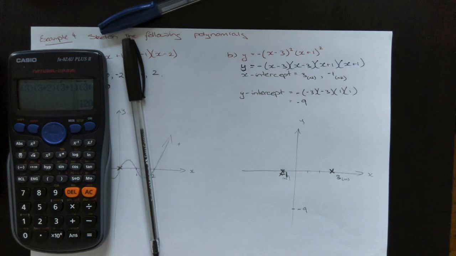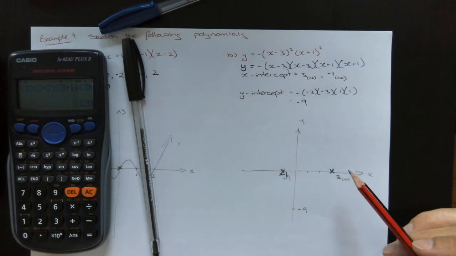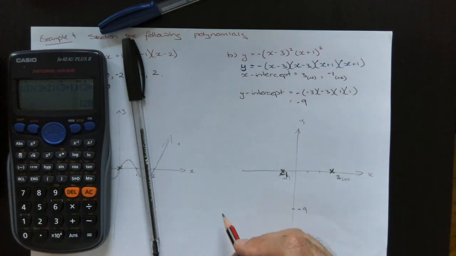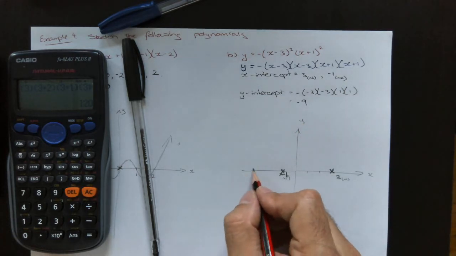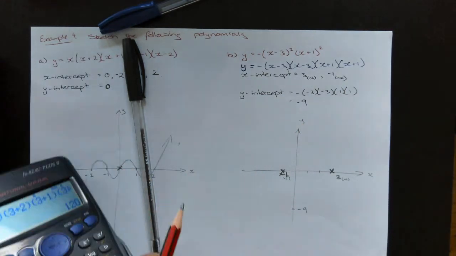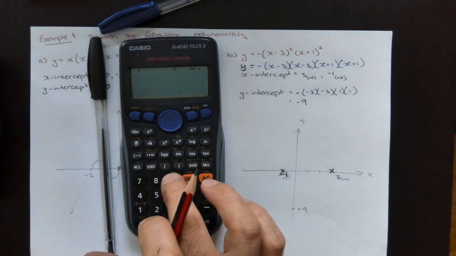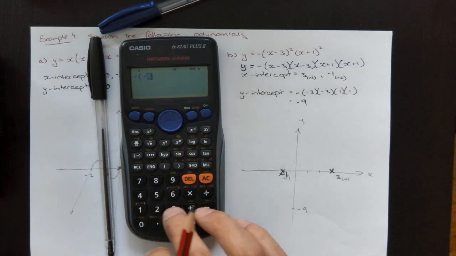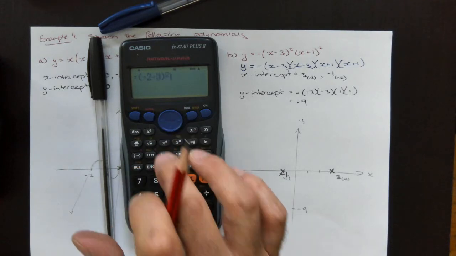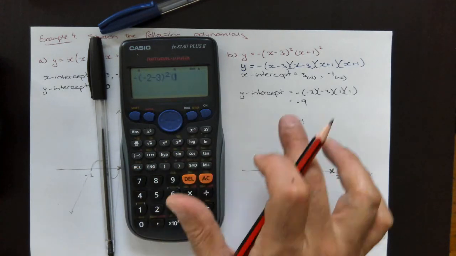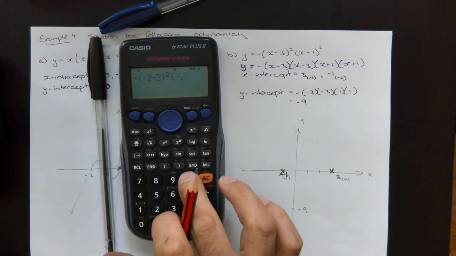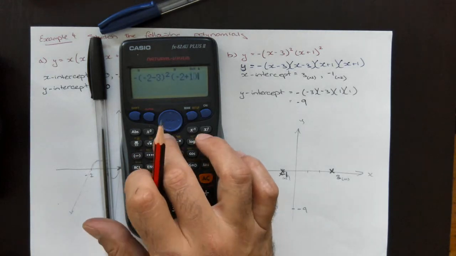Just ignoring that it happens twice so far, let's plug in values for this side. Let's say x was -2. So -2 minus 3 all squared, and then we've got -2 plus 1 all squared.